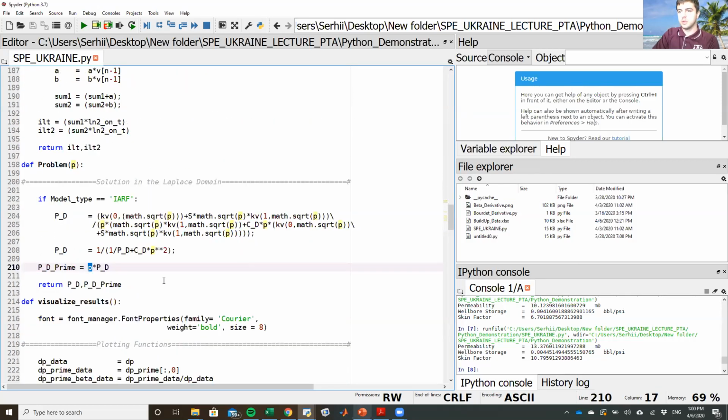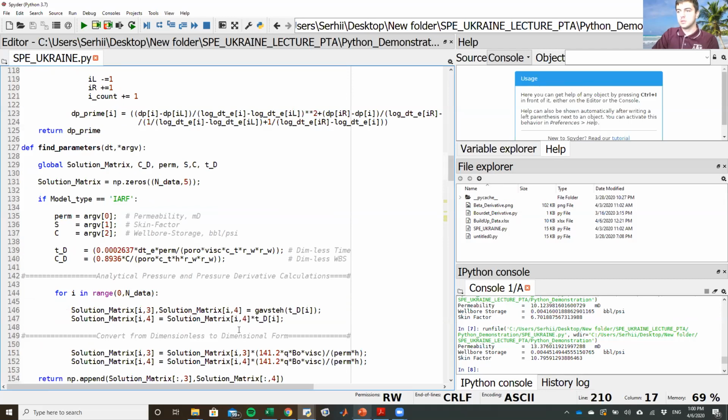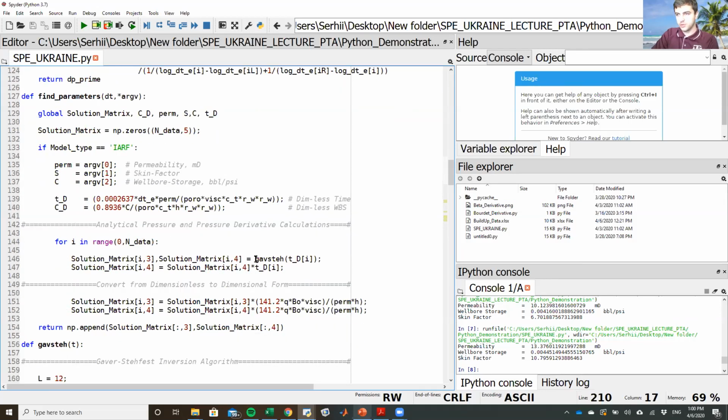And so, after we computed results from our Gaver-Stehfest algorithm, here I have the solution matrix, right? This corresponds to our pressure data, and this corresponds to our pressure derivative. We also have to convert our results from dimensionless form to dimensional by just using those simple coefficients, as you can see here.